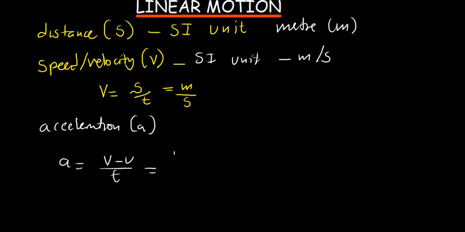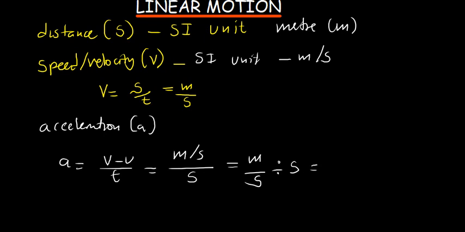So on top we have got meters per second, and then down we have got time. The unit for time is second. So instead of writing per, I'm going to write over seconds, and instead of writing over, I'm going to write divided by seconds.